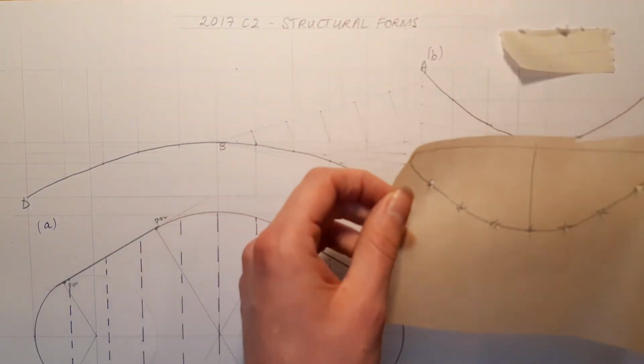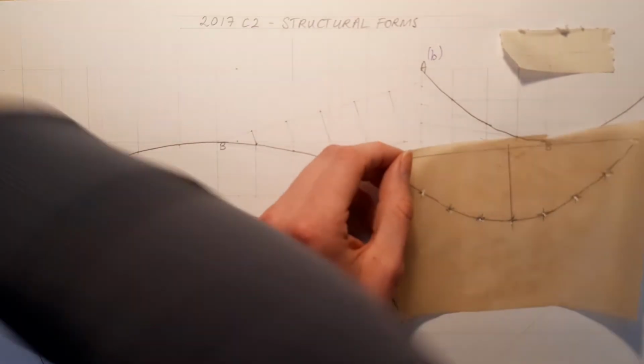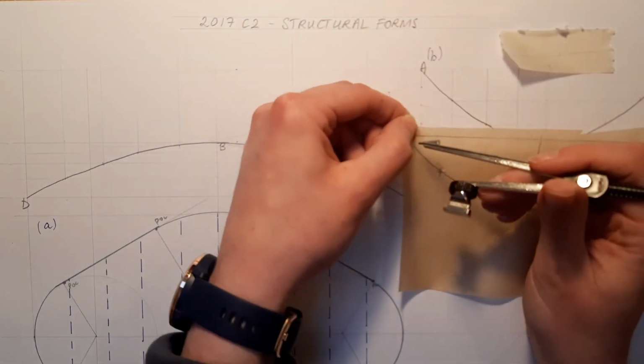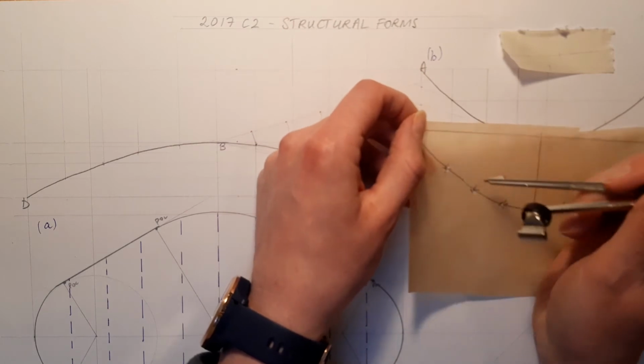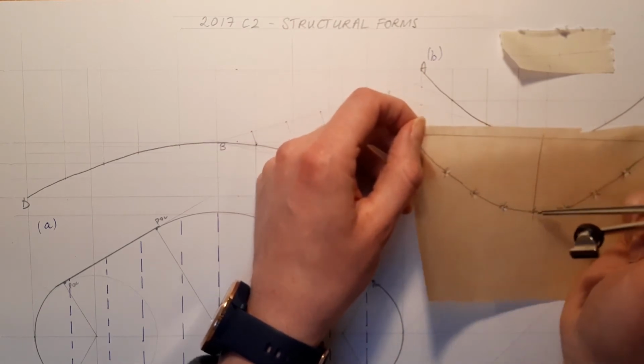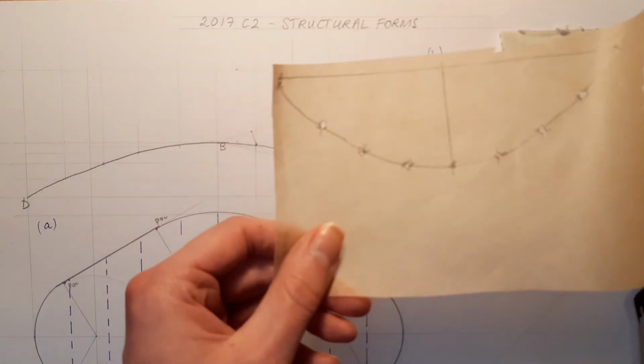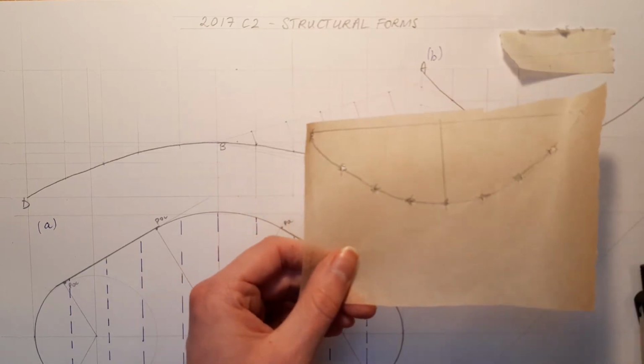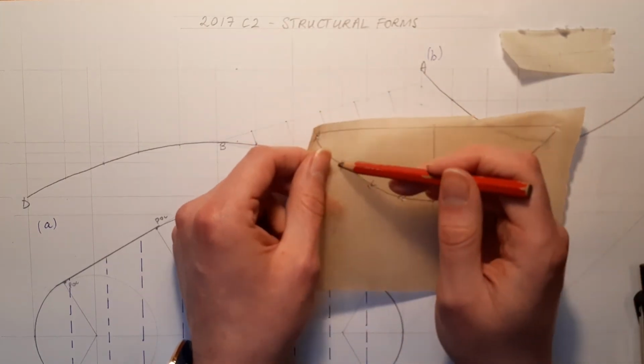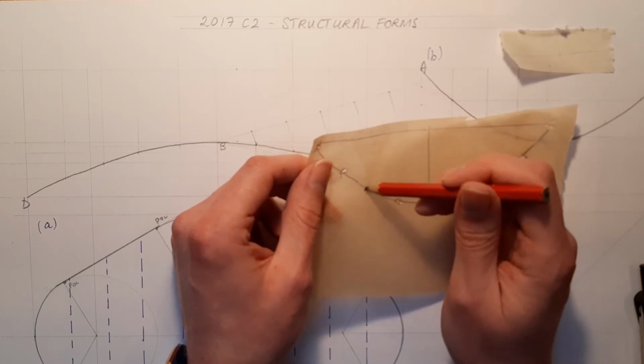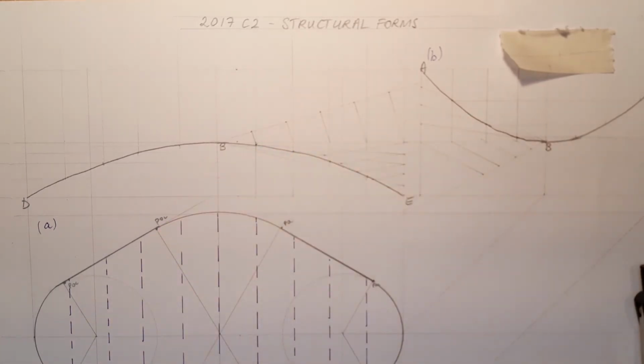Take the tracing paper off, and with your compass, you're going to poke holes through a series of points that you had found on your curve all the way around. The important thing is that at the end of it, your pencil can fit through those holes, because if the pencil can't fit through those holes, you won't be able to transfer the points accurately.